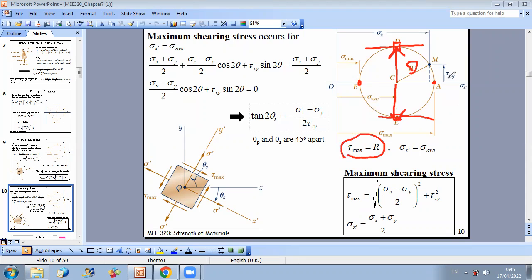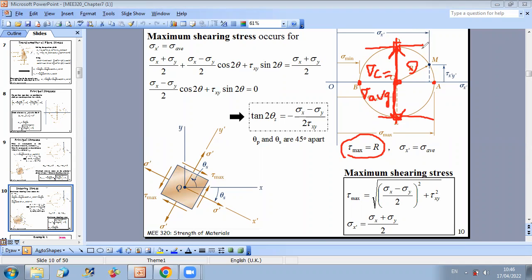Now, to solve for the directions corresponding to the maximum shear stress, we should look at an equation. The equation is the following. As you can see, maximum shear stress takes place for a normal stress equal to sigma of C. So sigma of C, which is sigma average, corresponds to the normal stress when the shear is maximum.